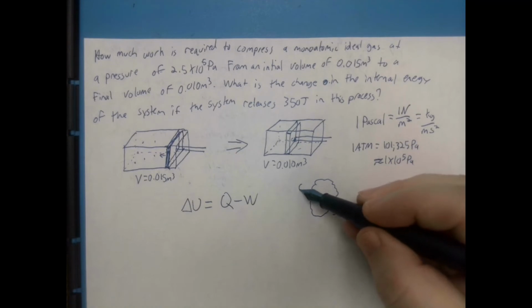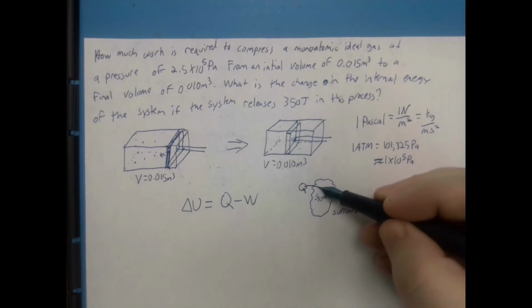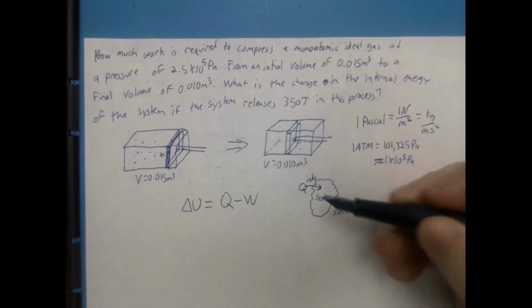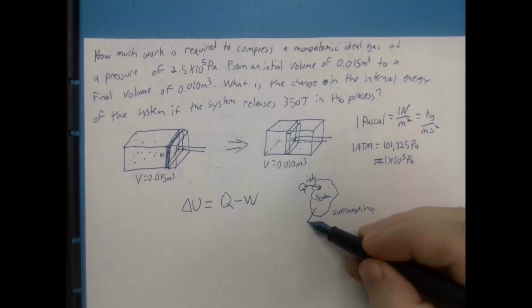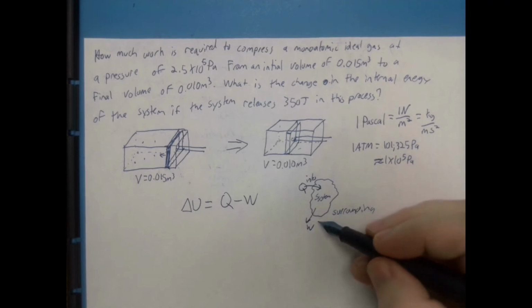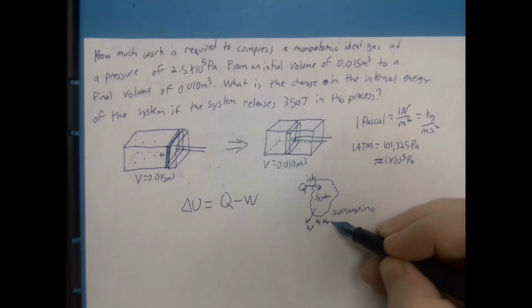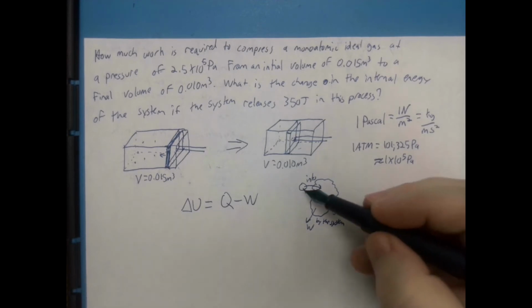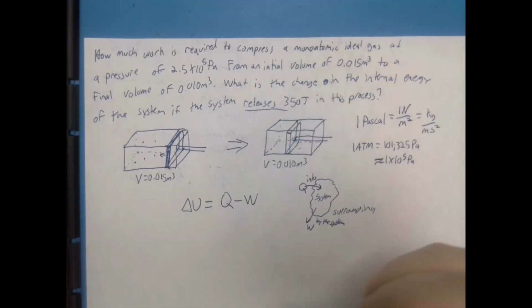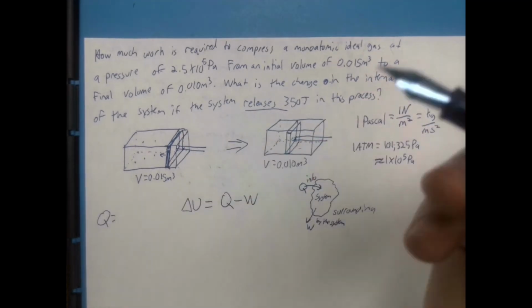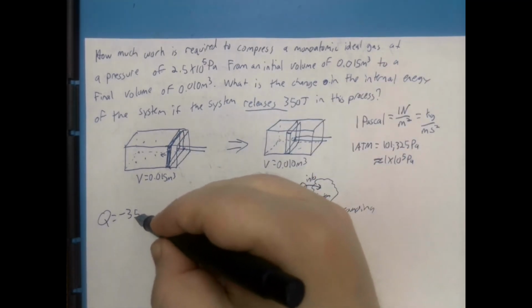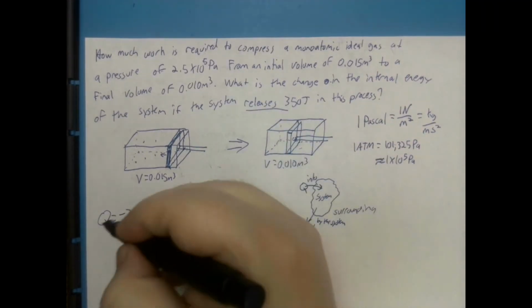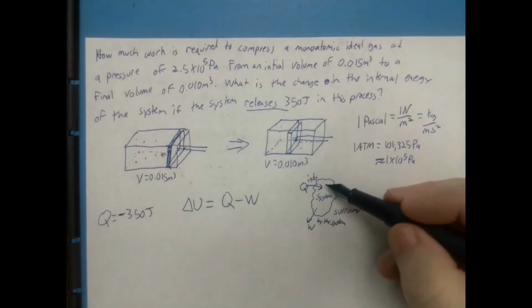Q is heat going into the system, and work is work done by the system. Do we have heat going into the system? So that means Q is going to be equal to negative 350 joules. It's negative because we need to flip the sign of the arrow.